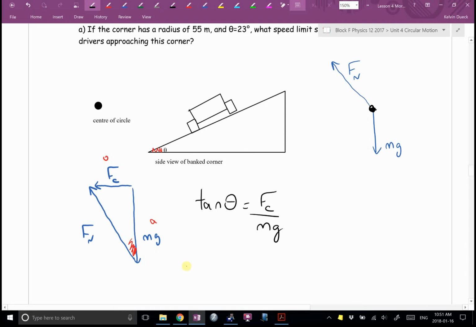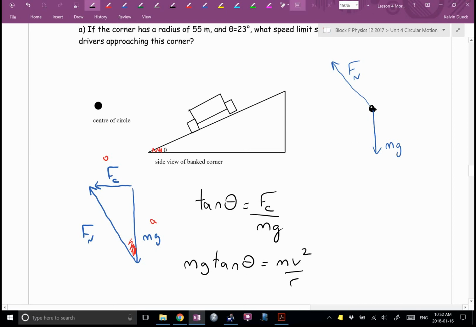So I'm going to get mg tan theta equals, and you know what? Instead of writing FC, F equals what? F equals ma, and since we're moving in a circle, it's going to be aC. Which one of the aC's am I going to use? More specific? Good.